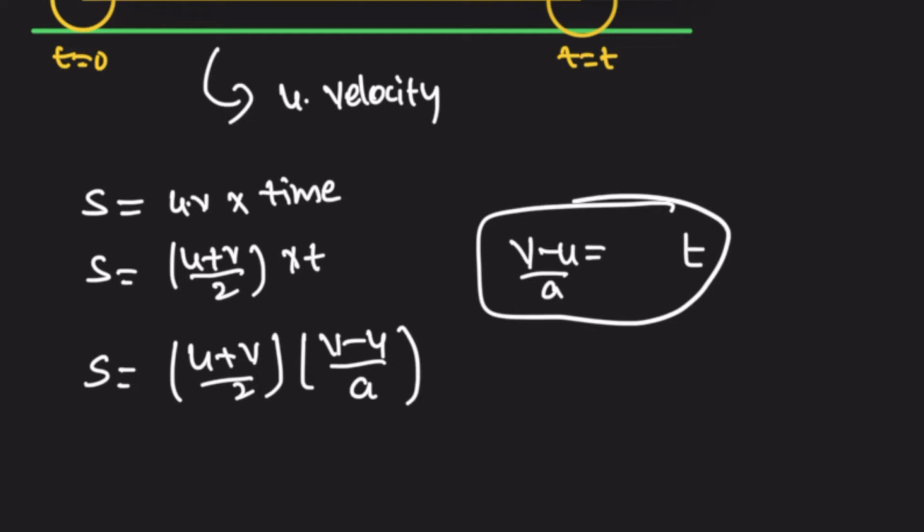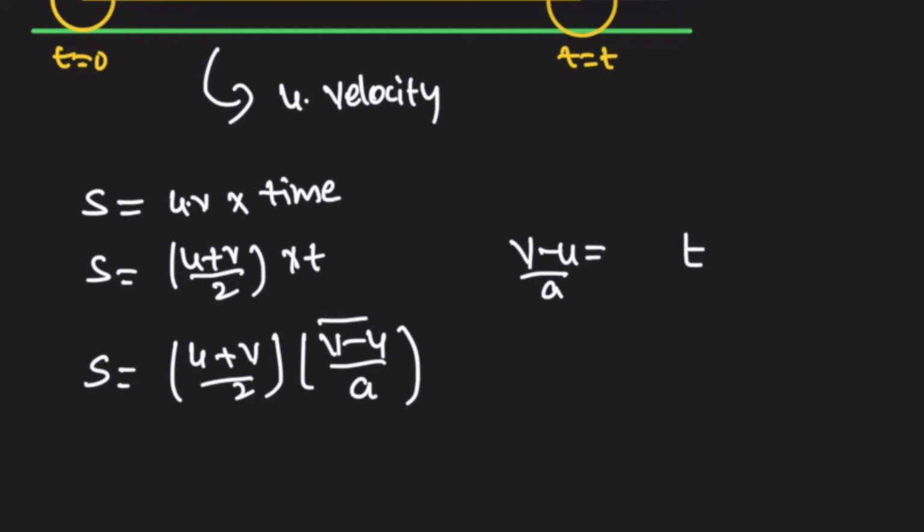Here u plus v and v minus u are there. This appears as the formula (a plus b) into (a minus b). See here, this is a minus b. So what is a here? v. So v is a, u is b.